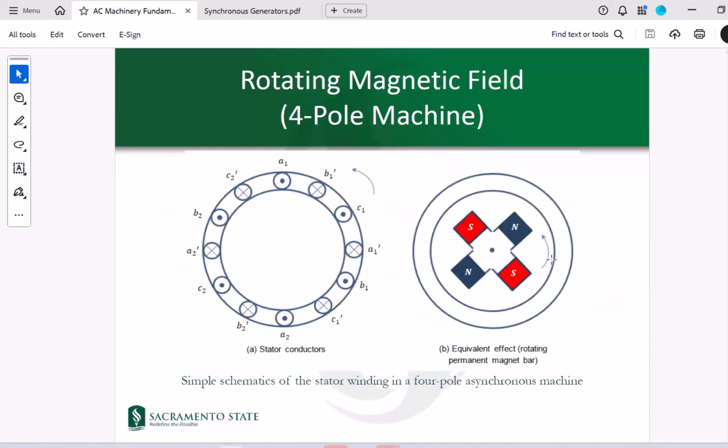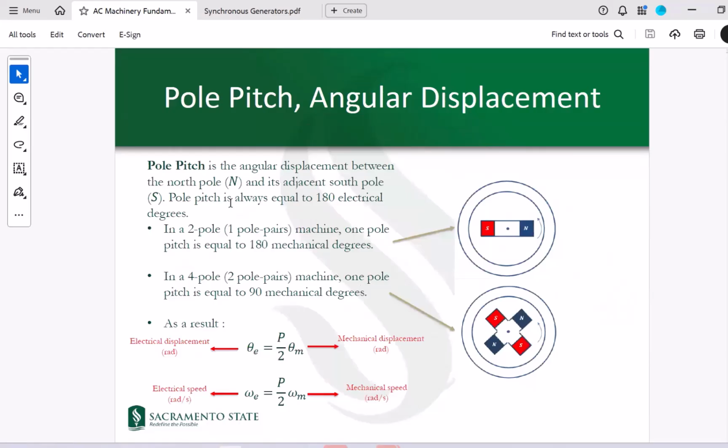We could have more than two poles. In this one, we have a four-pole machine and its associated stator winding. There is a pole pitch. Pole pitch is the angular distance between a north pole and its adjacent south pole. This pole pitch is always 180 electrical degrees.